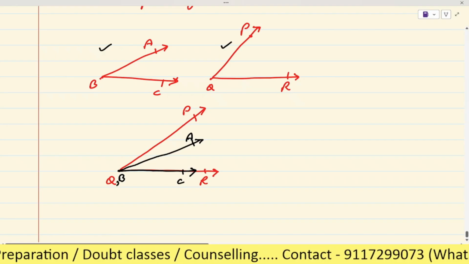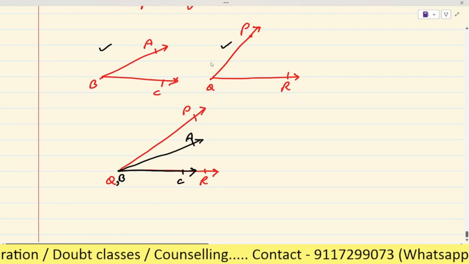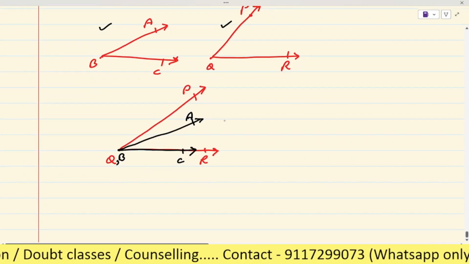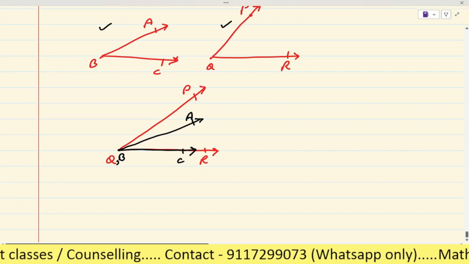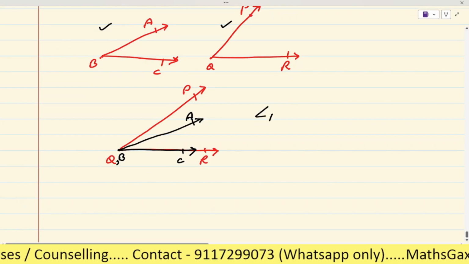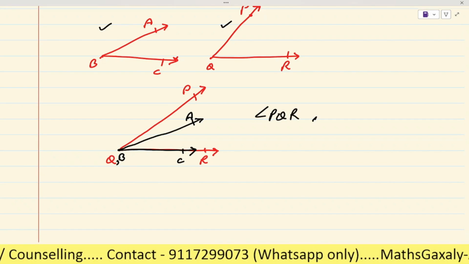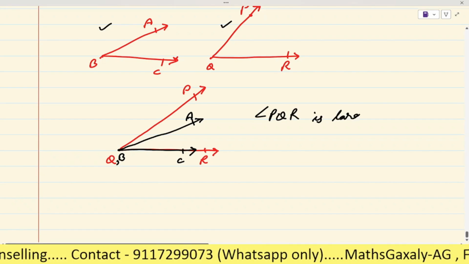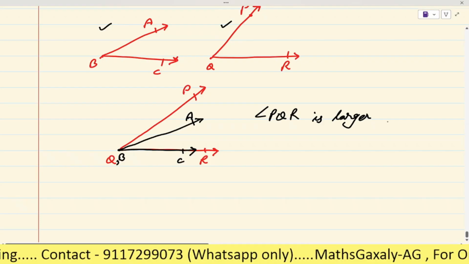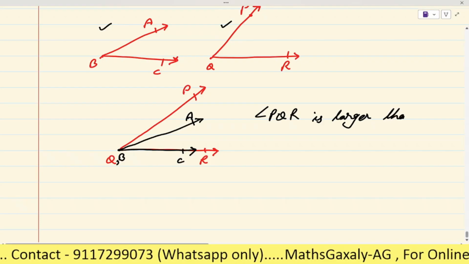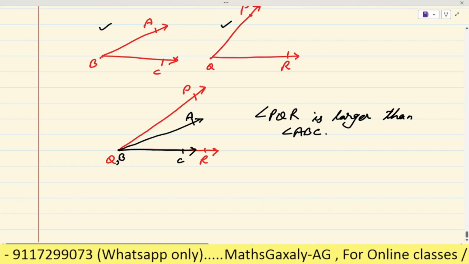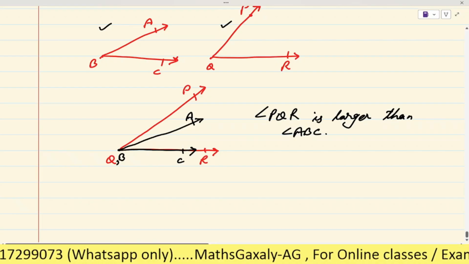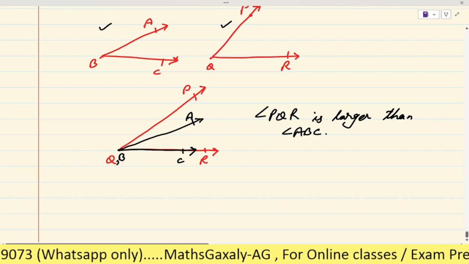Now you can easily say which angle is less. Angle PQR is larger than angle ABC, right? So in this way we can compare two angles.